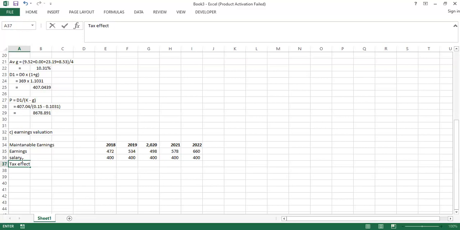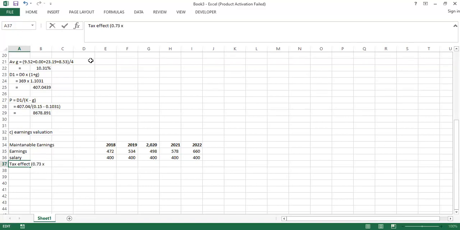So what's the tax effect there? Our tax rate is 27%. So it's going to be 1 minus 0.27 times 400. So 1 minus 0.27 is 0.73.